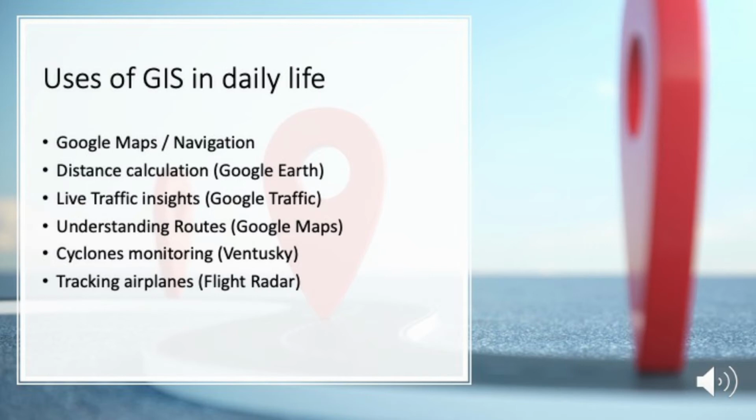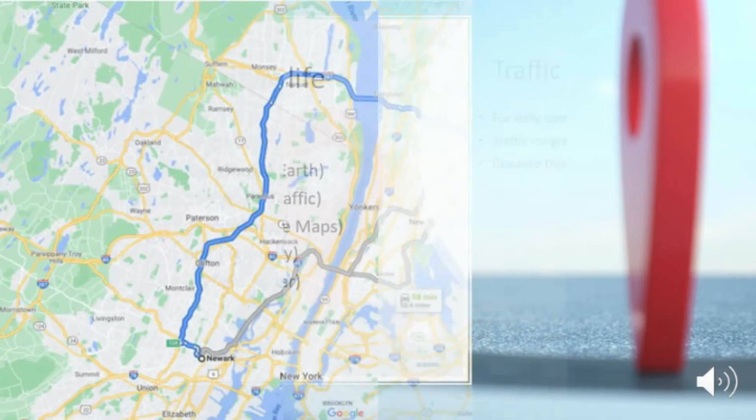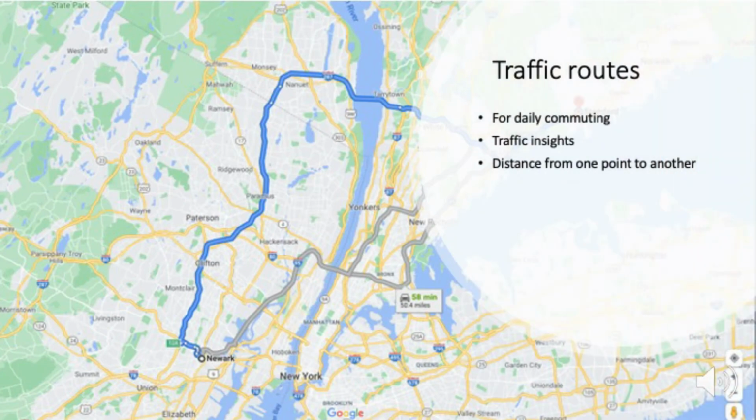Flight radar is another common use of GIS that aviation enthusiasts use to track the airplanes in the air. So this is a screenshot of Google Maps. It is used for daily commuting, traffic insights, and it can help you find the distance from one point to another.